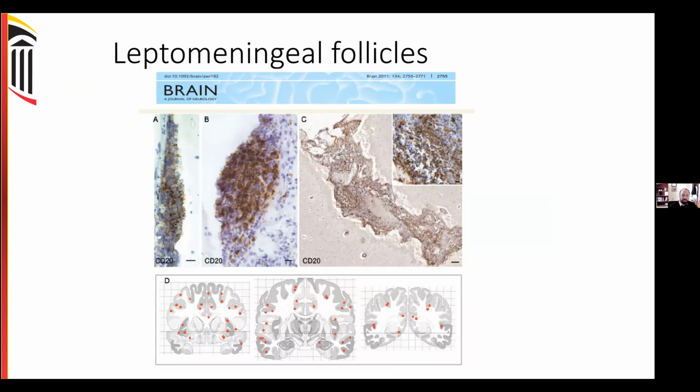And in a subset of patients, you see these organized leptomeningeal follicles. These follicles have an overrepresentation of CD20 staining, which is for B cells, but also for follicular dendritic cells and other underlying structural components that actually look like this is probably ectopic lymph tissue, so kind of tertiary ectopic lymphoid structures within the meninges, and these are distributed mostly in the neocortical regions, and often are distributed kind of in the areas of deep sulci.